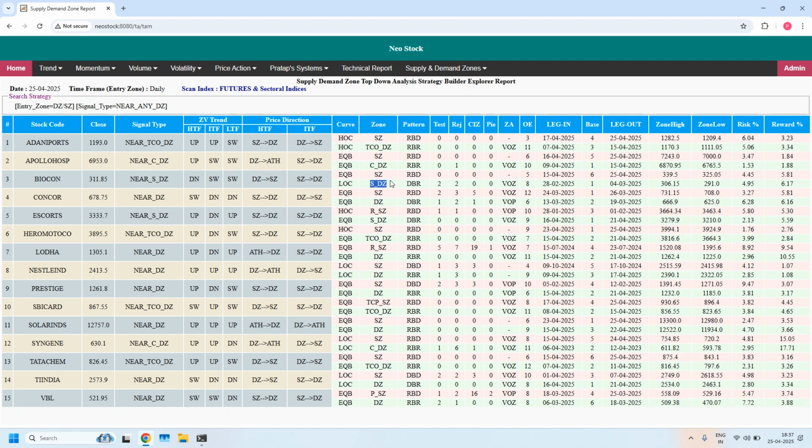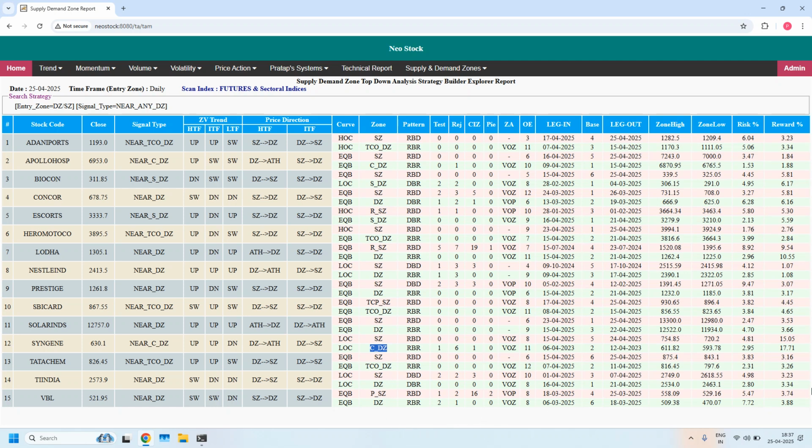Biocon is having a high liquidity daily demand zone. Escorts is having a high liquidity zone. Syngene is having a high liquidity demand zone.